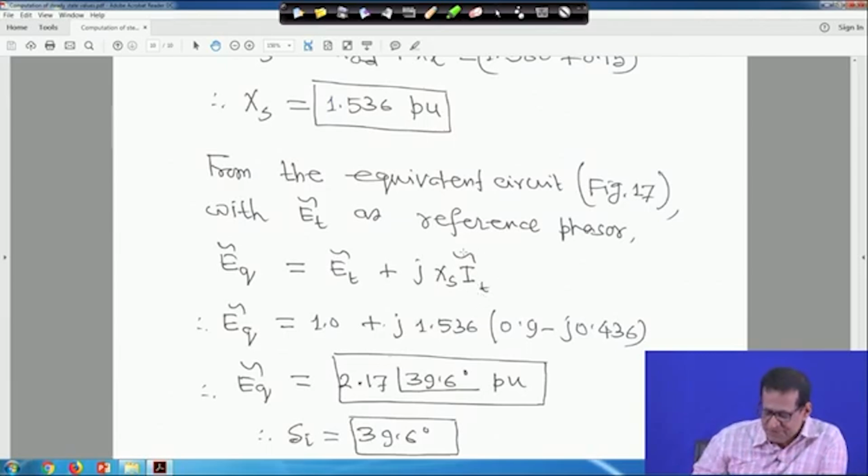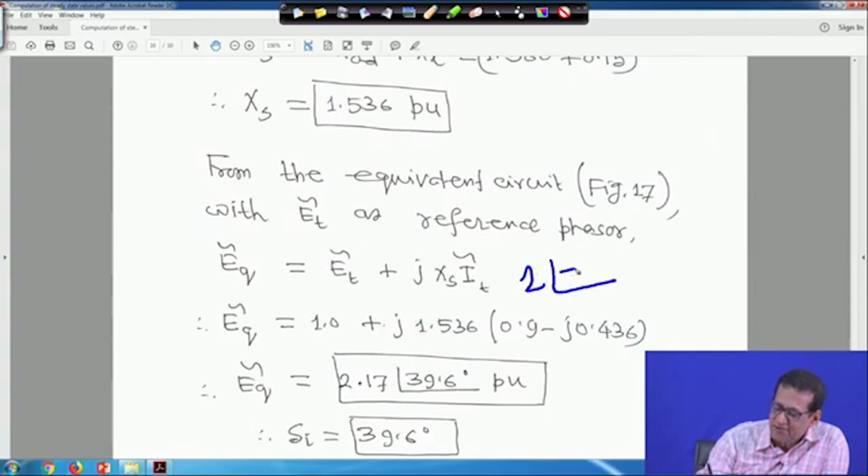So, basically the power factor is 0.5 lagging. So, basically it is 1 angle minus 25.84 degree, it is lagging. So, basically it will become 0.9 minus J 0.436.